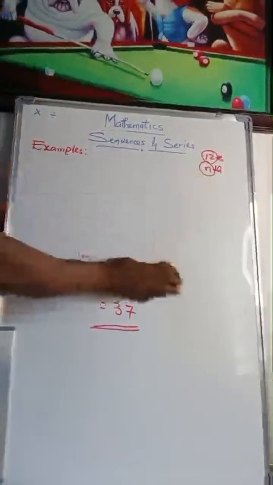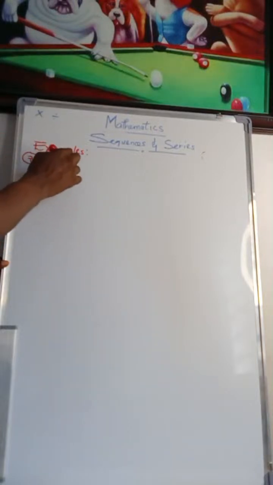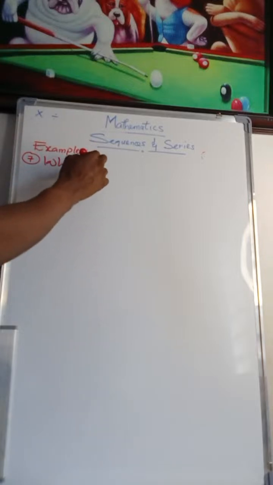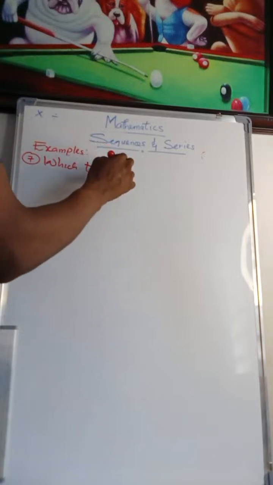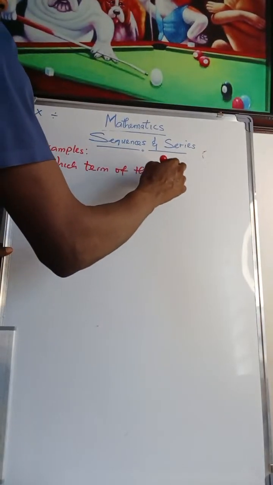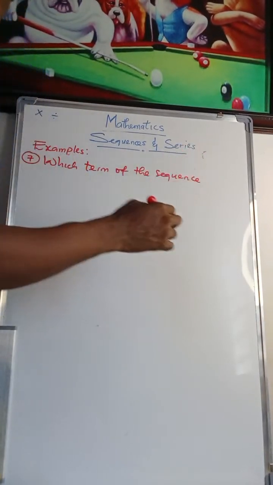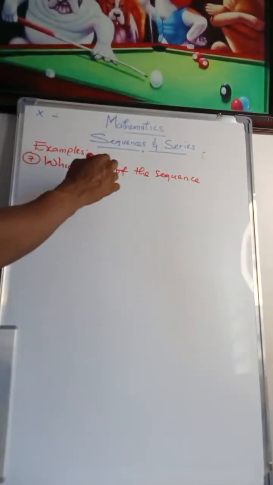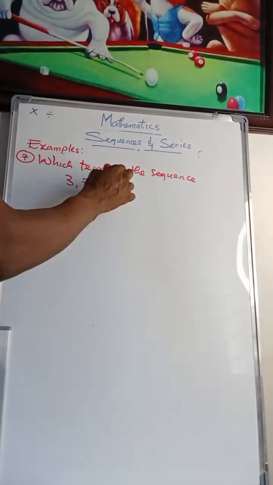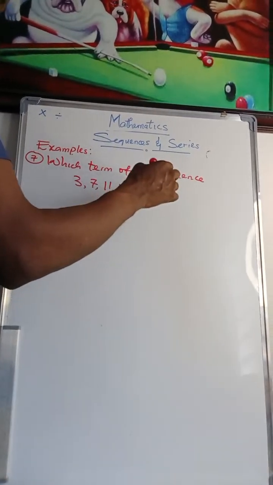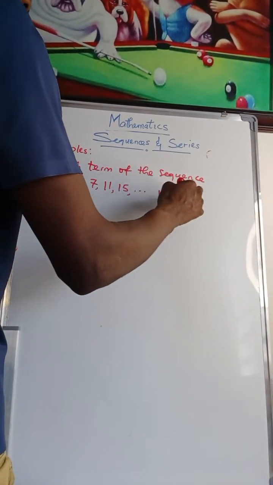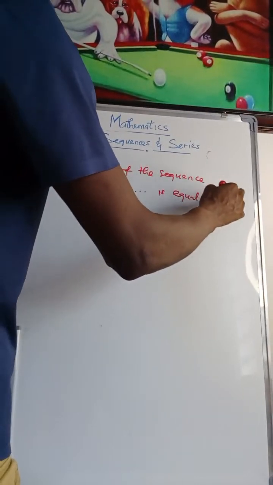Another example on AP. Okay, number 7. This one says, which term of the sequence 3, 7, 11, 15 is equal to 99?